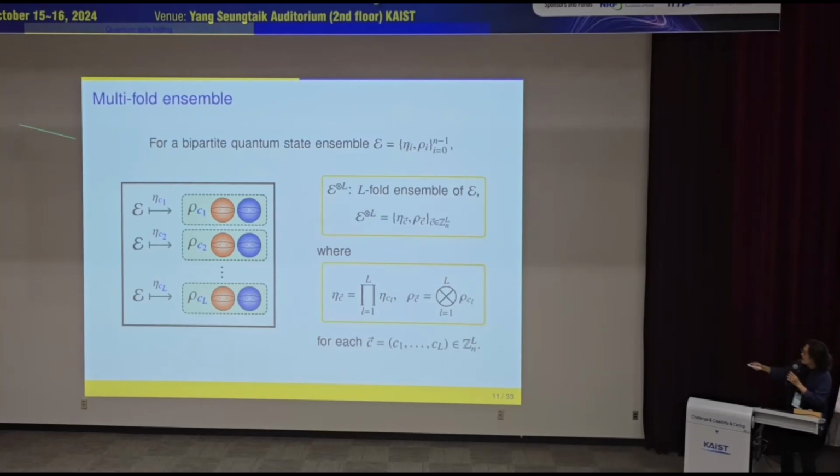Each preparation is independent from each other, so the probability of preparing this tensor product state is also just the product of the probabilities of each round. To indicate this tensor product state and this product probability, we'll use this vector notation for the index of the states. This index means that in the first round, ρ_{c1} is prepared, and so forth.